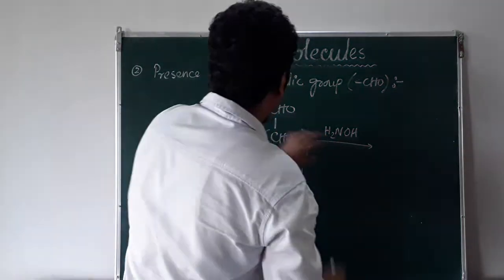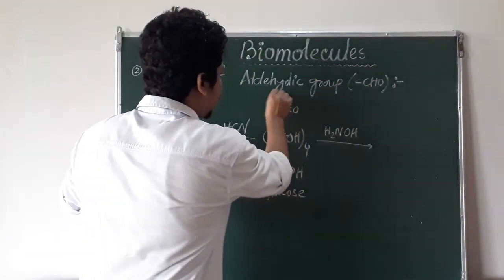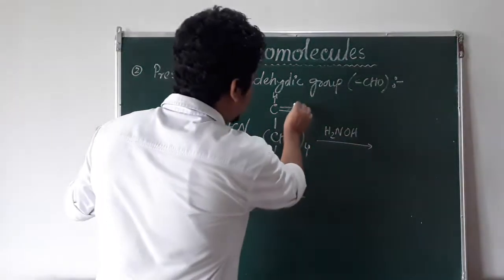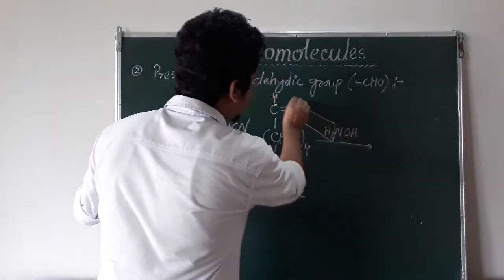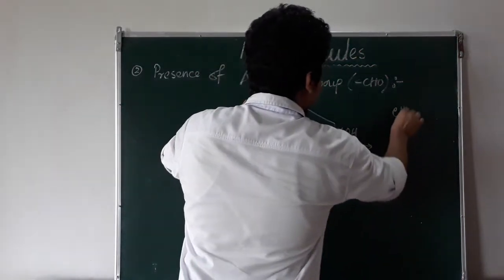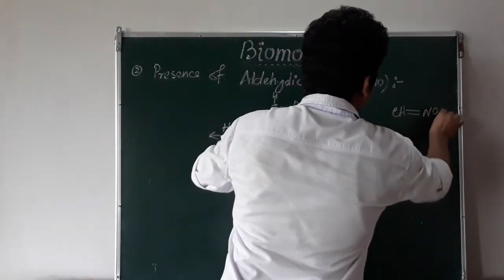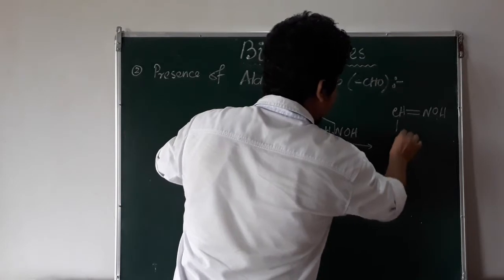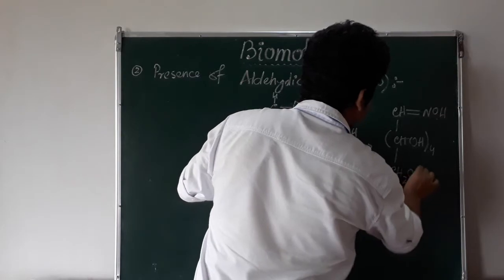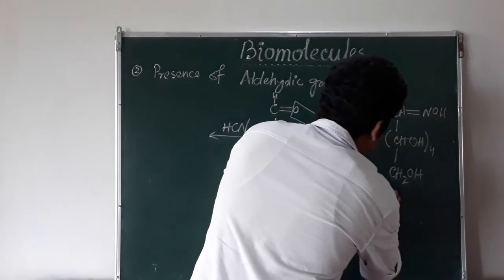Upon treatment with hydroxylamine, here you see this CHO, we can write C double bond O. So this glucose on treatment with hydroxylamine will form oxime. Here you see 1 molecule of H2O will be removed. So what we are getting, here you see CH, then double bond, then we are getting NOH, and below we have CHOH 4 times bond CH2OH. Okay, so this is called oxime, or exactly you can say that this is glucose oxime.